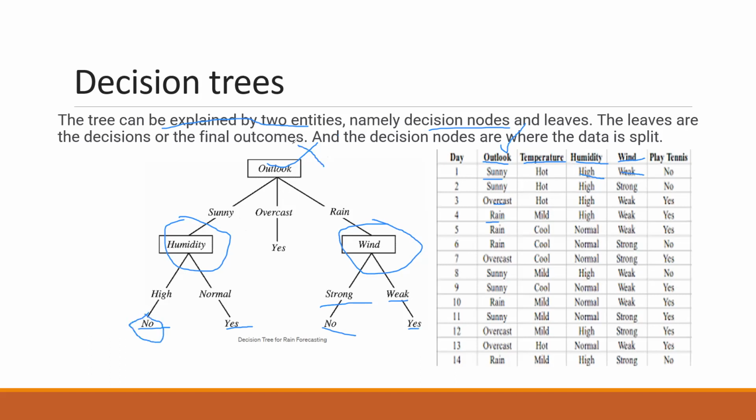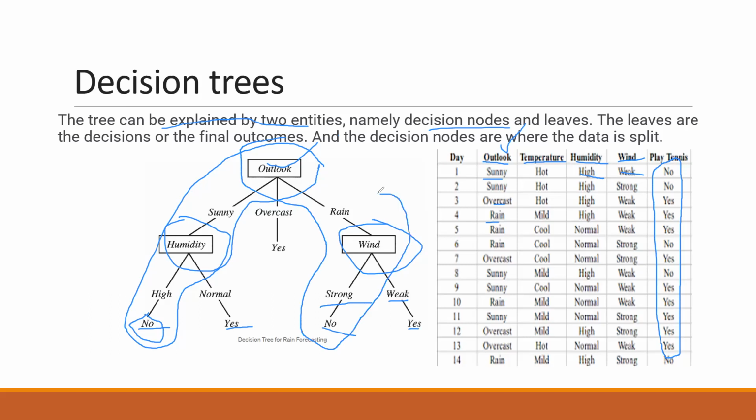Whenever we traverse any single path of the tree, we will get a classification that will be yes or no, because playing tennis has only two attributes, yes and no. If I want to traverse the path where outlook is rain and wind is strong, I'll get the classification no. I hope it is clear how a data set is converted into a decision tree.